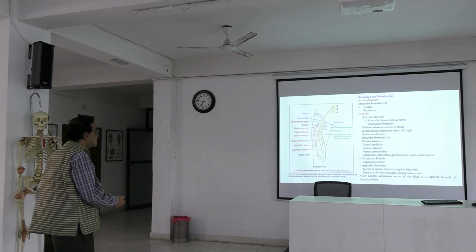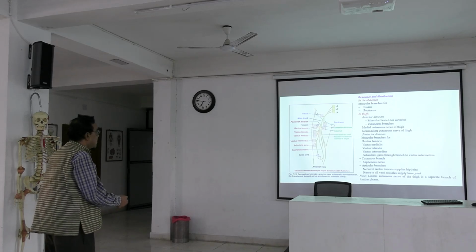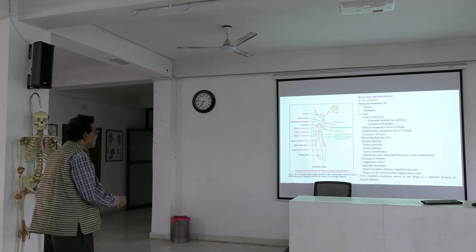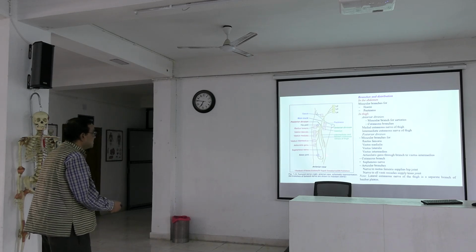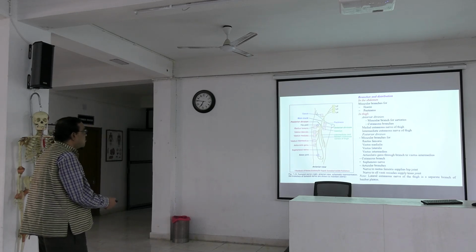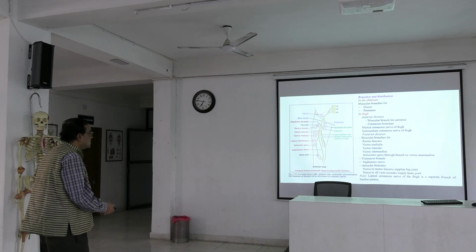From the posterior division, rectus femoris, vastus lateralis, vastus medialis, vastus intermedius, okay, and one is for the rectus femoris, and this nerve passes straight, that is the cutaneous nerve. So 4 muscular, 1 cutaneous.